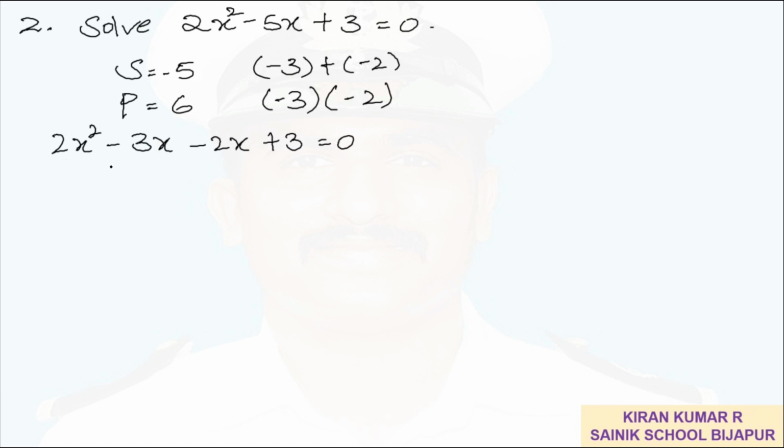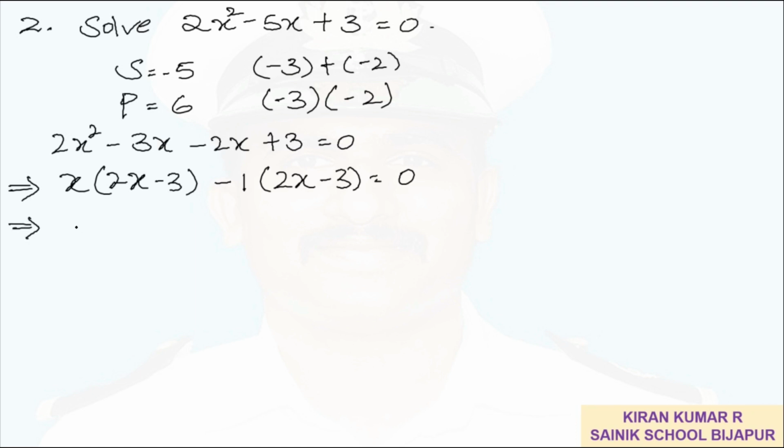In the first two terms, x is common, we get 2x, times x minus 3, minus 1 I can take common, we'll get 2x minus 3 equal to 0. Therefore, we get (2x minus 3) multiplied by (x minus 1) equal to 0.